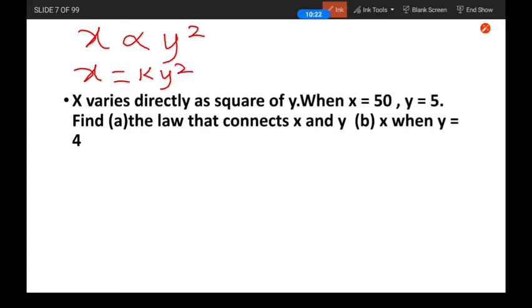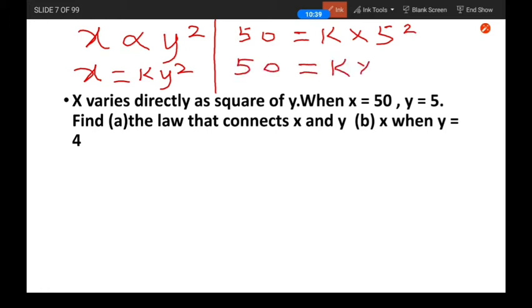Now look at the question. When x is 50, let's go there now. We are looking for the constant now. Y is 5, so we have 5 squared, right? So we have 50 equals k times 5 squared, which is what? 25.